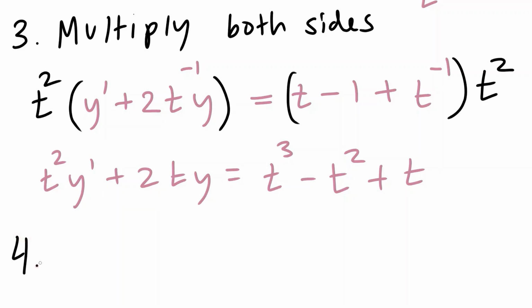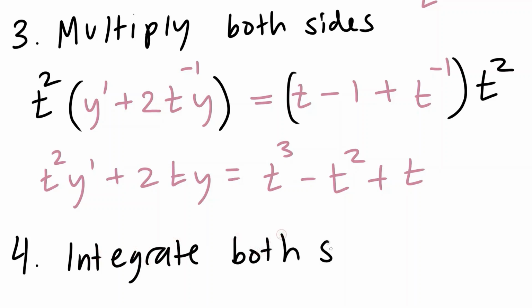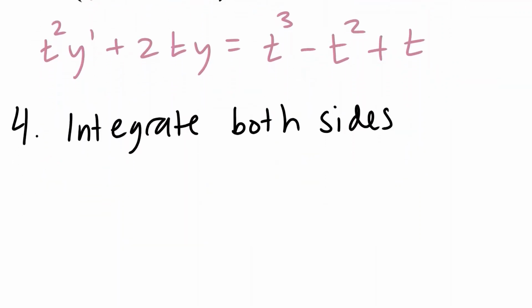So we integrate both sides, and this will help us isolate the y that we're trying to solve for. Let's keep copying this down.